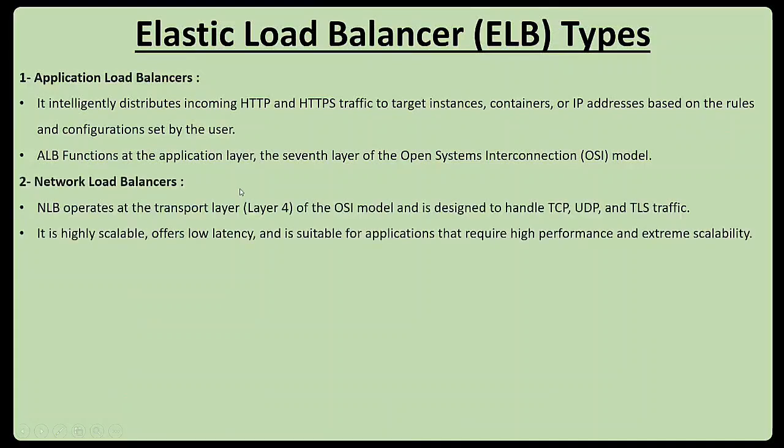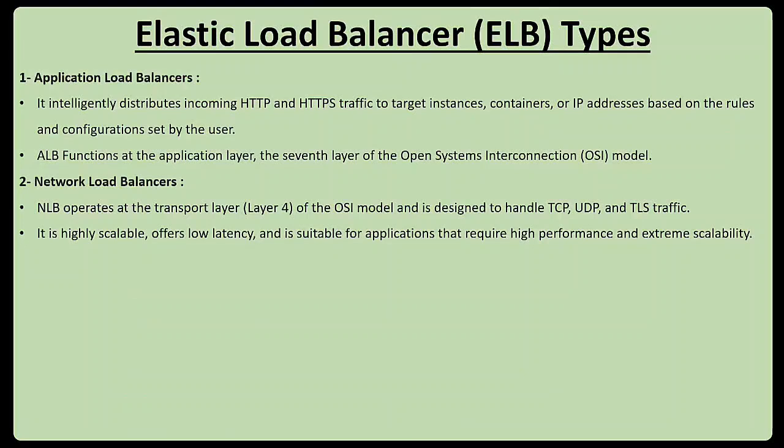Next is your network load balancer. The network load balancer operates at the transport layer, that is the 4th layer, the middle layer of the OSI model, and is designed to handle TCP, UDP, and TLS traffic. So you have secure traffic as well as transport traffic, and these will be managed by your network load balancer.